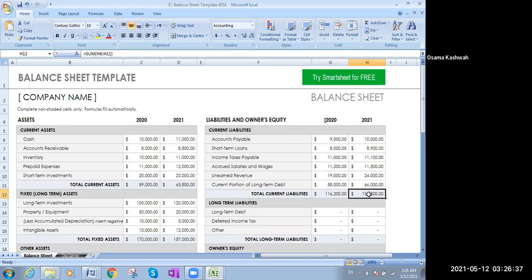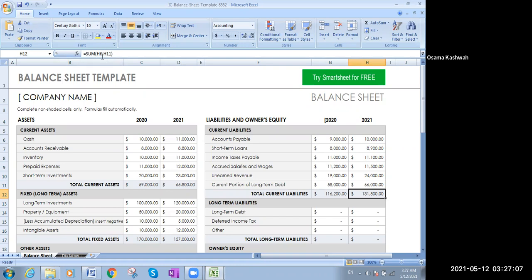But look out now, because I changed the cell, so the numbers are also changed. Like now, if you see the location here, it is H what? H12. So this is H12, it will equal the SUM starting from H6 till H11.